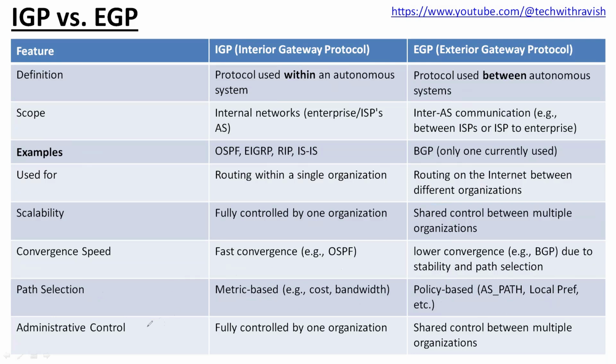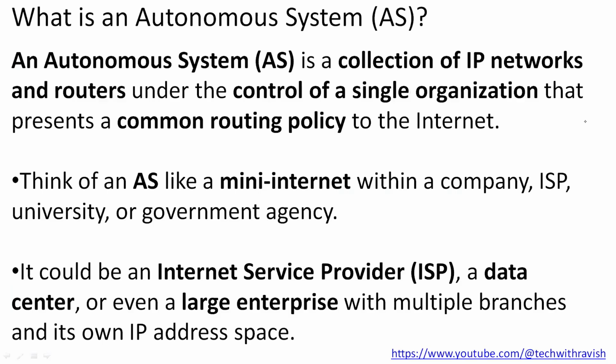Later on, we will have a specific video for BGP best path selection. Let's talk about administrative control. A single organization can control the full IGP, but in case of EGP, the connection is shared between multiple organizations. Authority can be taken by multiple organizations at the same time.